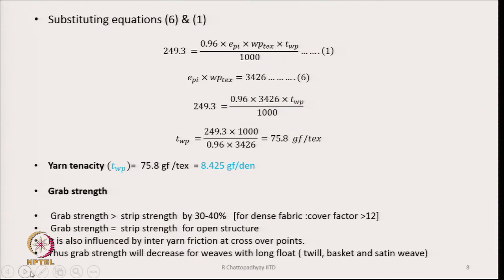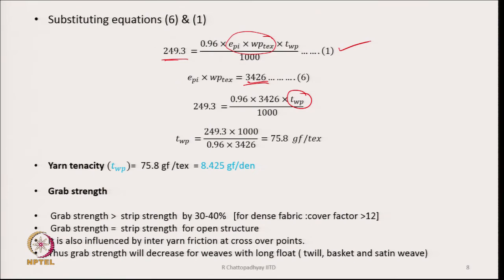Okay. So, we will come to that. Now, if we write that strength is this, we have written it earlier, the equation number 1. Here the EPI and this value we have found out already, that is 3426. Now, if we apply this value here, then I am left with TWP, that is the strength of the warp yarn or tenacity of the warp yarn.